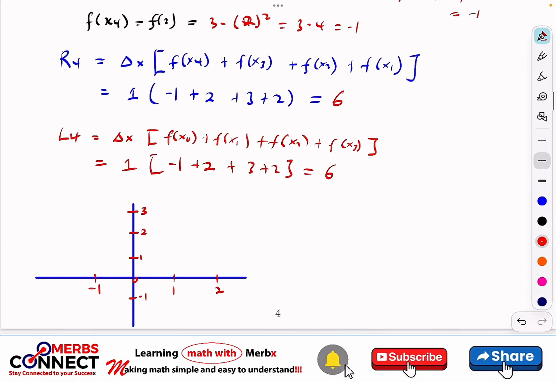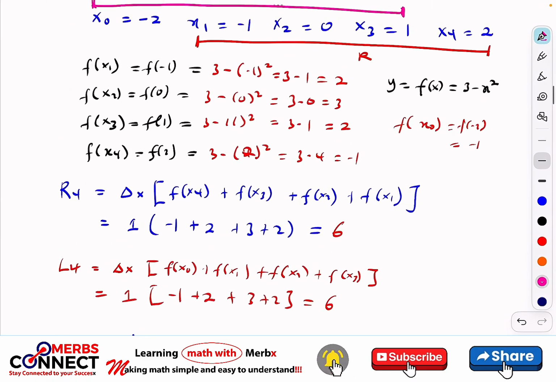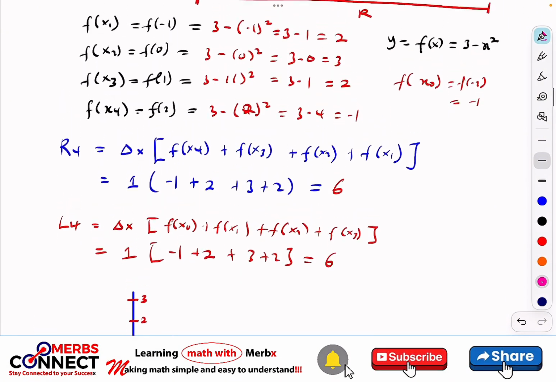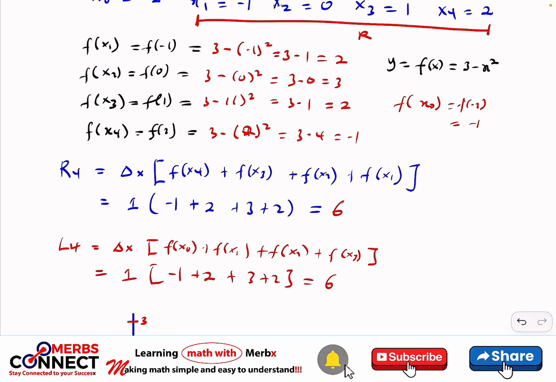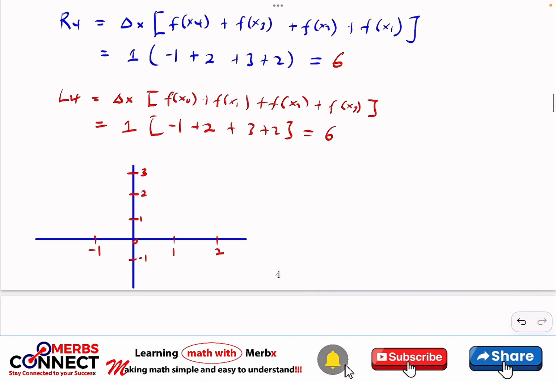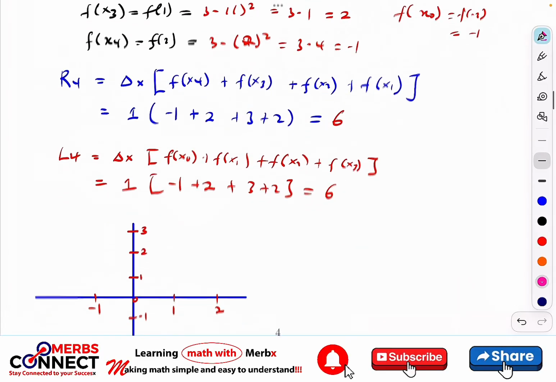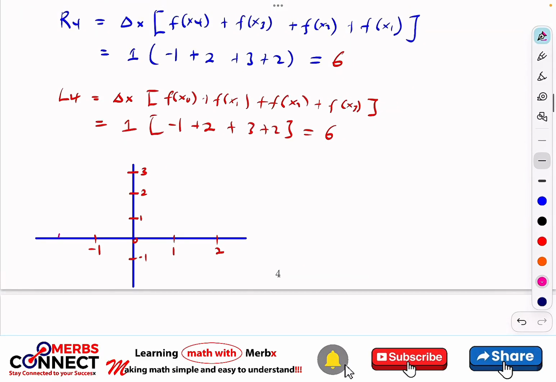So let's try and plot this. We are using everything that we have. So x naught, which is minus 2, is minus 1. So minus 1 will be somewhere here. Oh, did we have minus 2? Yes, we had minus 2. So we need to put minus 2 on it.